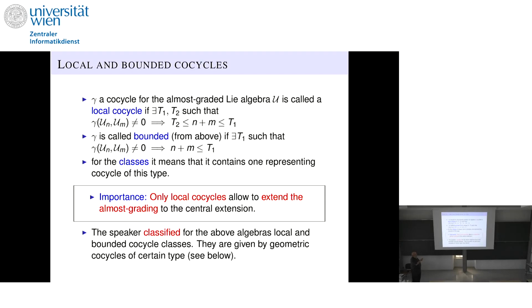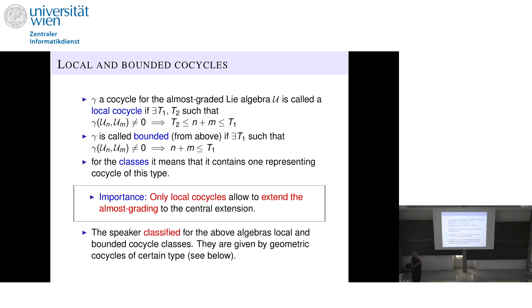But here we relax this again: it has to be 0 outside a certain band around this. This would be the local condition. But boundedness also plays a role: at least if n plus m is big, then it should vanish.